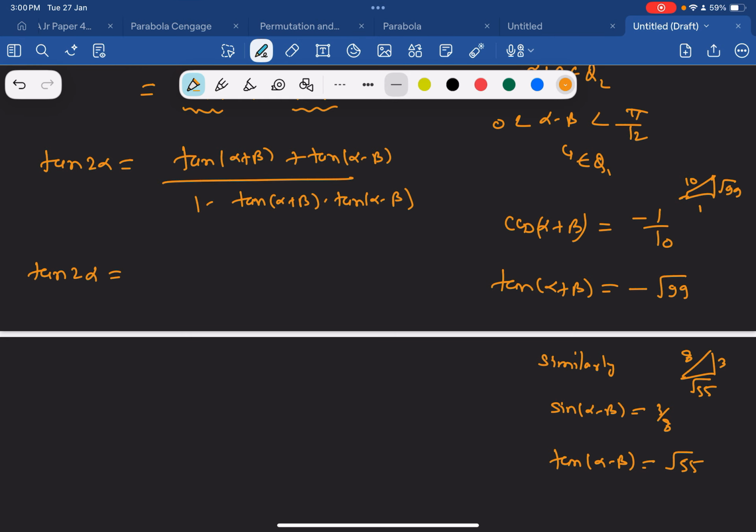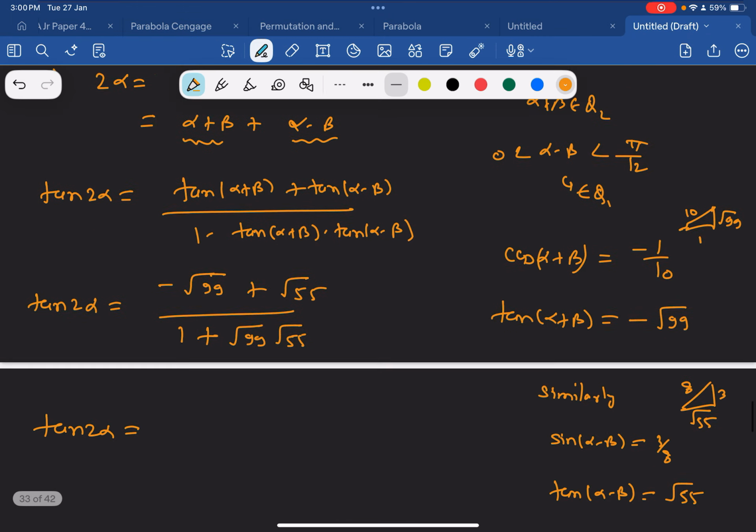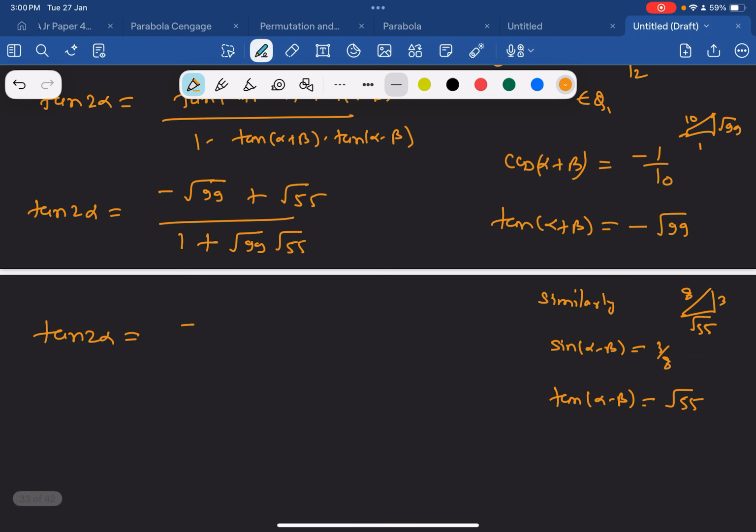Substitute all the values. So tan 2 alpha will be equal to tan(alpha plus beta), so minus root 99, plus root 55, upon 1, and this minus minus will become plus root 99 and root 55. So I will simplify that tan 2 alpha here.